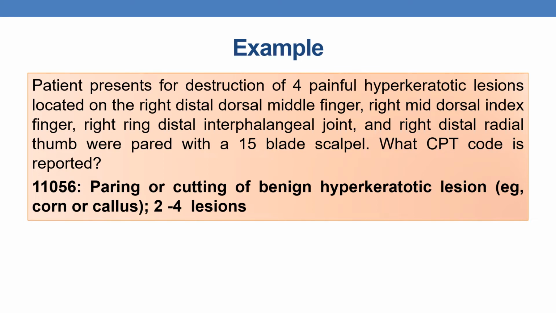Here four painful hyperkeratotic lesions are pared using a 15 blade scalpel. The appropriate CPT is 11056, paring or cutting of benign hyperkeratotic lesions, 2 to 4 lesions. Here the number of lesions is 4, hence 11056 is the appropriate CPT.